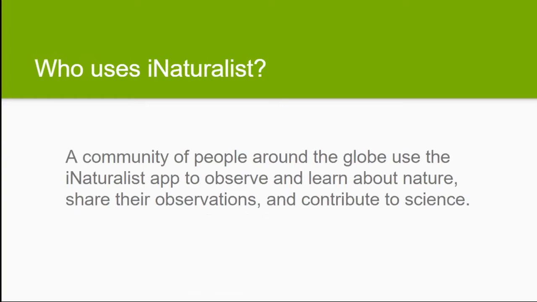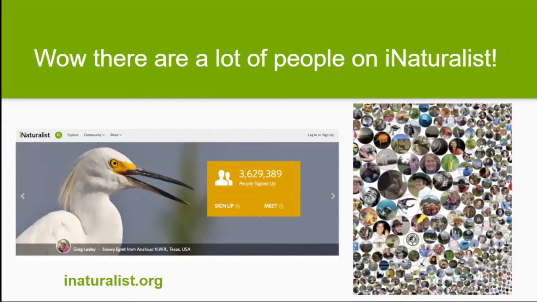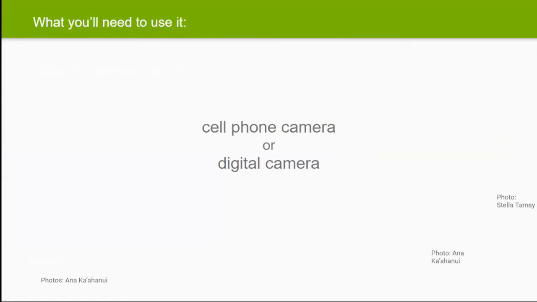So your observations are not just your own private little memory, but they're shared with the world and they contribute to science. There are more than 3 million people on iNaturalist. And I've met some really amazing people this way, both people in the community that I've met in person, like Anna and Stella, but also I've had some really interesting correspondence with folks who have my same interests on other continents. It's been really exciting and gratifying.